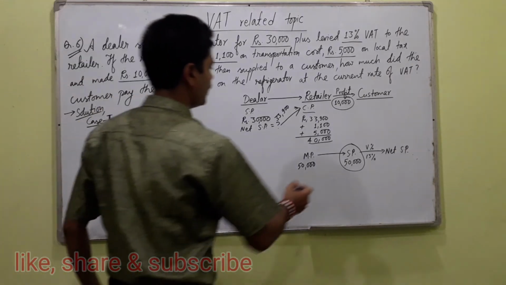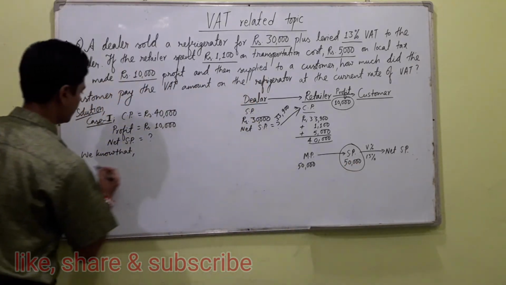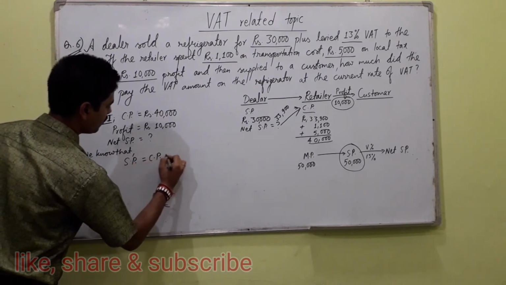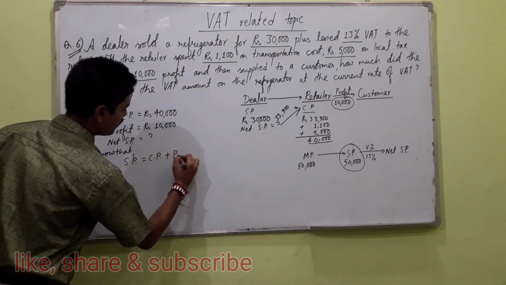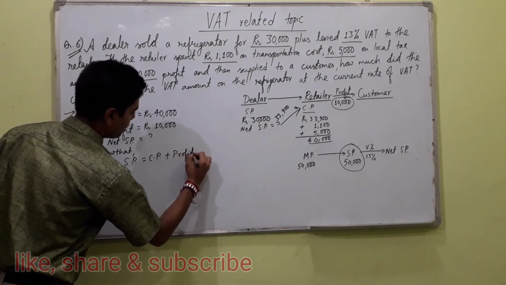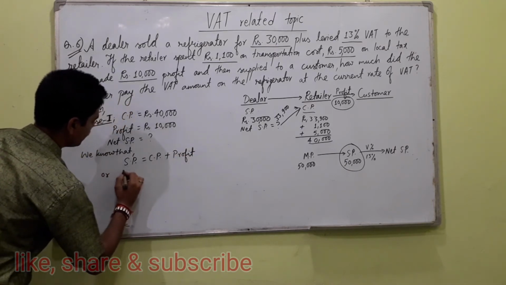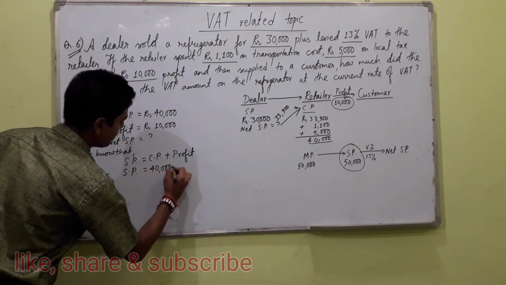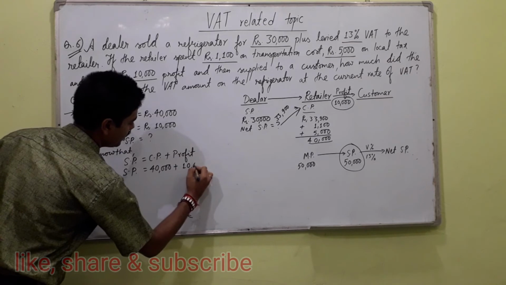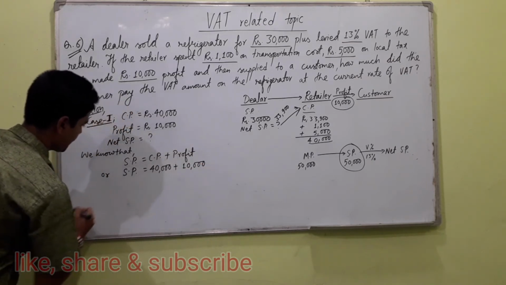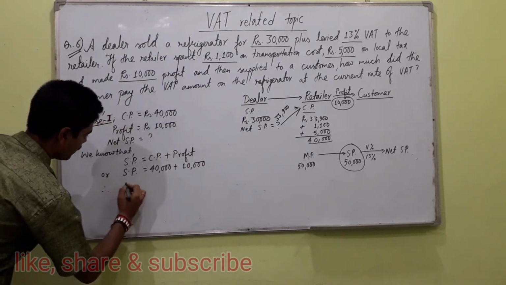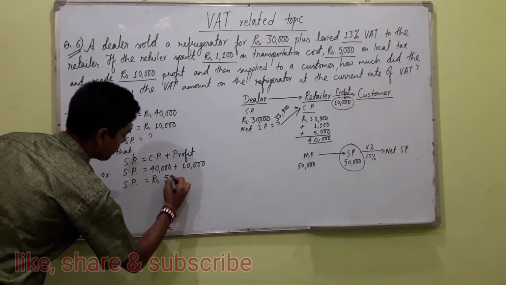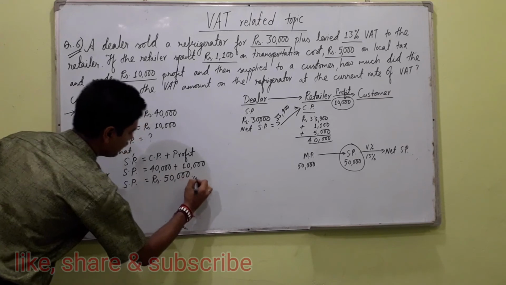Now after finding the selling price here, we can find selling price is equal to cost price plus profit, or selling price is equal to cost price 40,000 and profit 10,000. Therefore selling price is equal to rupees 50,000.